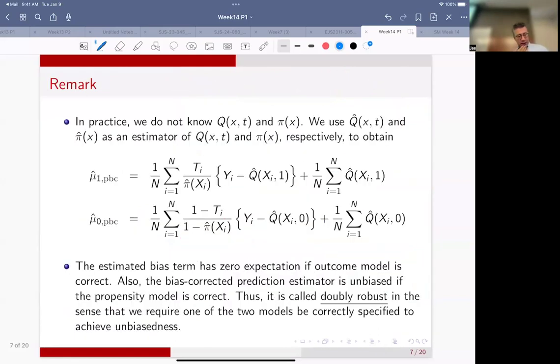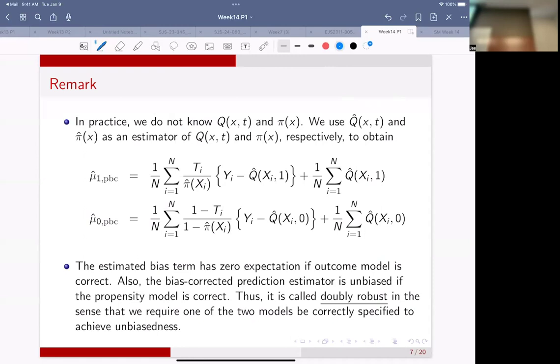So two things. The first thing is that in practice you don't know the Q function and pi function, so you may need to estimate them from the sample. And under the assumption that the estimation error is asymptotically negligible, you can believe that the estimation error does not really affect the bias.